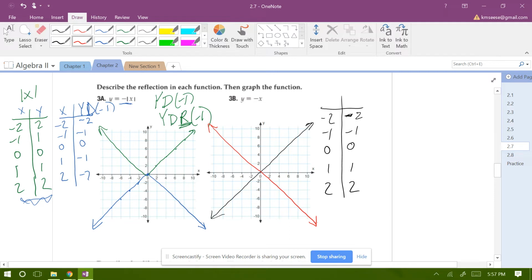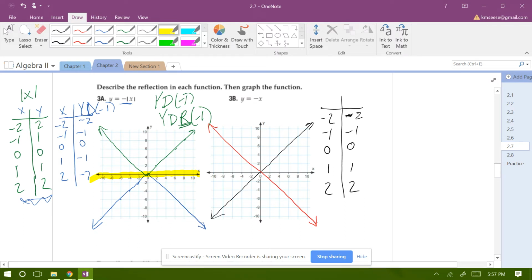So in 3a, it's a little obvious. What did we take? We took the green absolute value function and we reflected it over the x-axis. So our y values changed. We took the green function and reflected it over the x-axis and got our blue function.